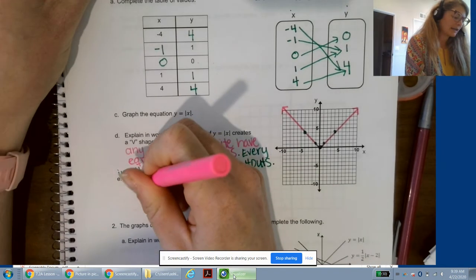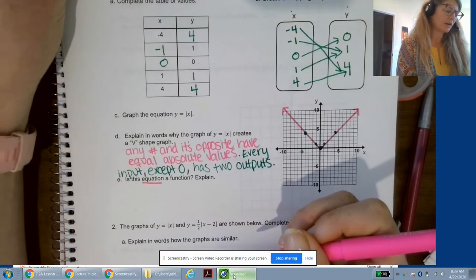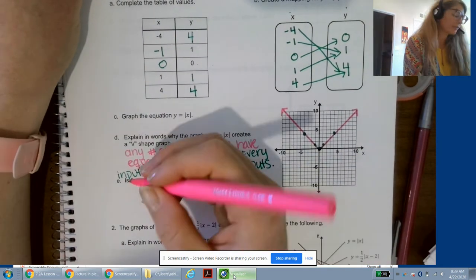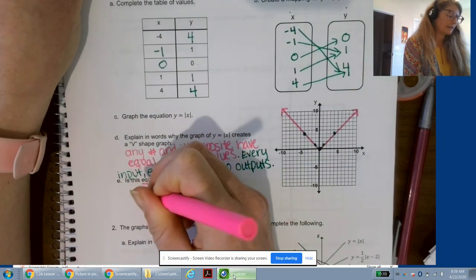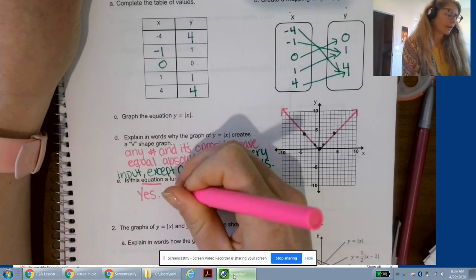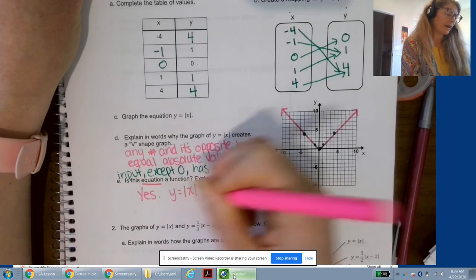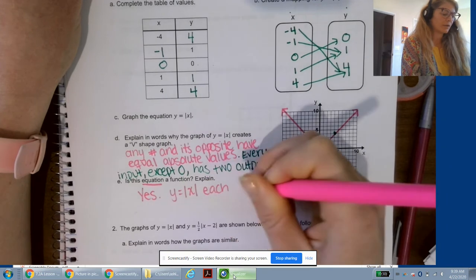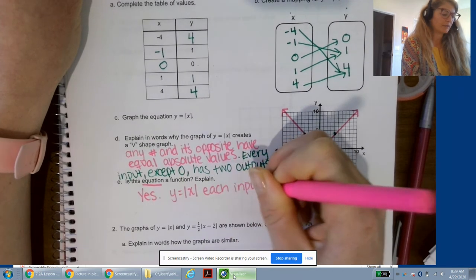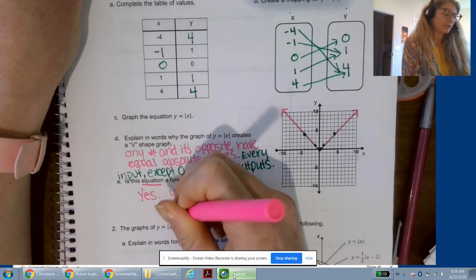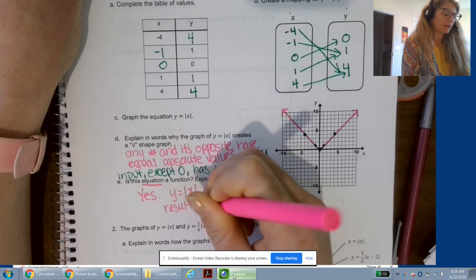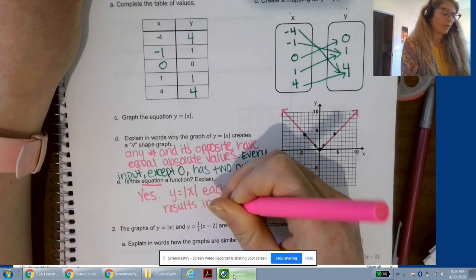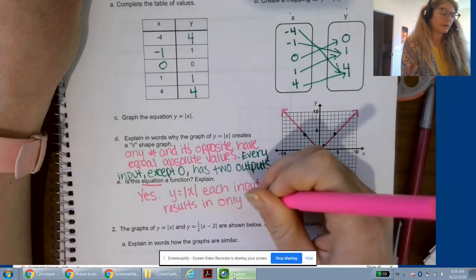Since it did ask for the equation, we can talk about the actual equation. Yes. y equals the absolute value of x. Each input results in only one output.